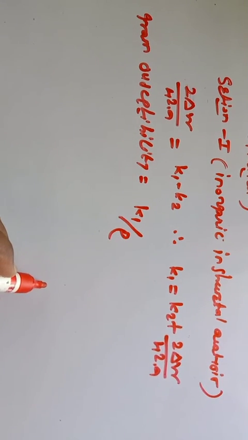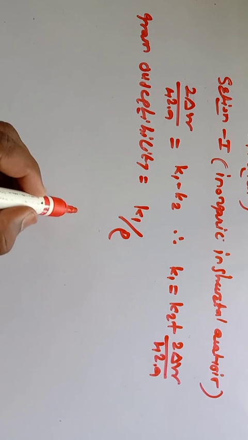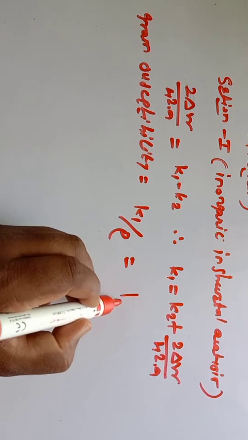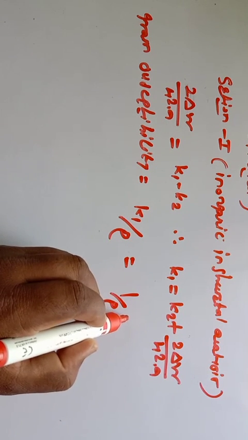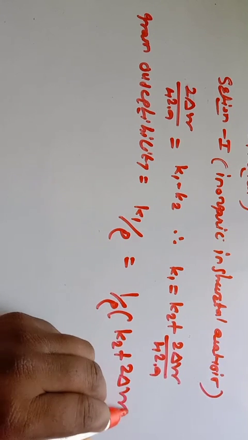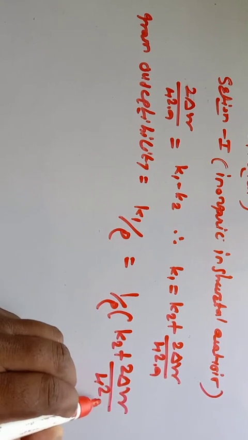So k1 upon density, we can write as 1 by density in bracket k2 plus twice delta W upon H square into A.